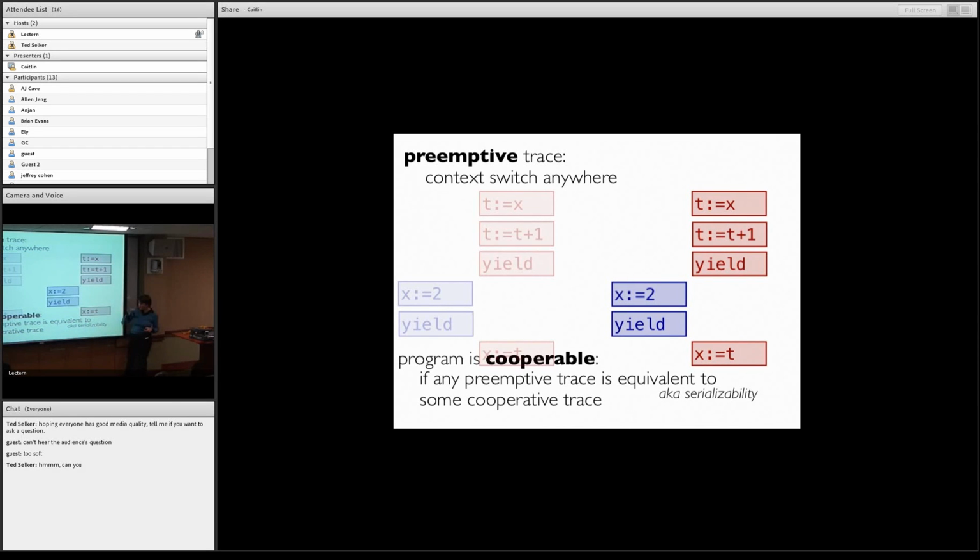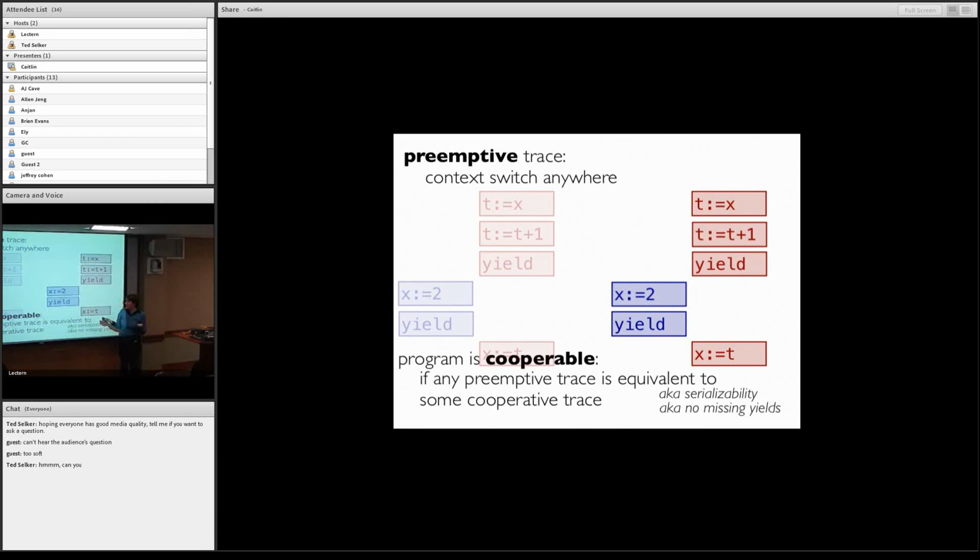The operations between yield points form chunks, and those chunks can be serialized into one order. Okay, so that was kind of hand-wavy about what it means for two traces to be equivalent.